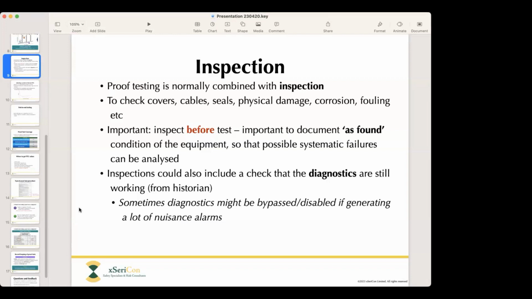Now, one thing that's important to be aware of is it is important to do the inspection before we do the test. The reason for that is we are, of course, going to record the result of the test, and it is important to document the condition of the equipment as found. The reason for that is we need to be able to track the occurrence of what we call systematic failures, which means failures that could occur as a result of human errors, basically any cause other than the natural wear and tear on the equipment.